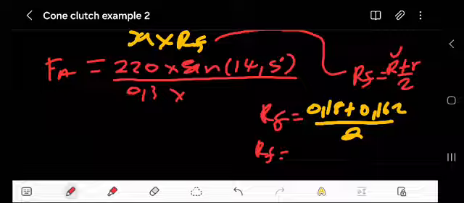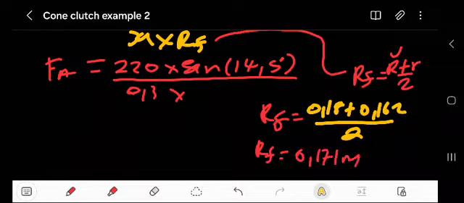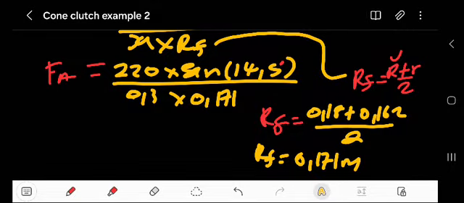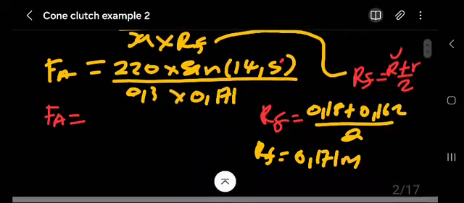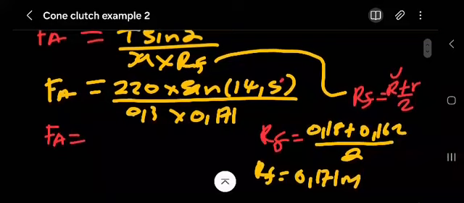What will be this guy there? 0,171 meter. So yeah, multiply here by 0,171. Now it's left for you to punch this and have axial force. What will be our axial force here?